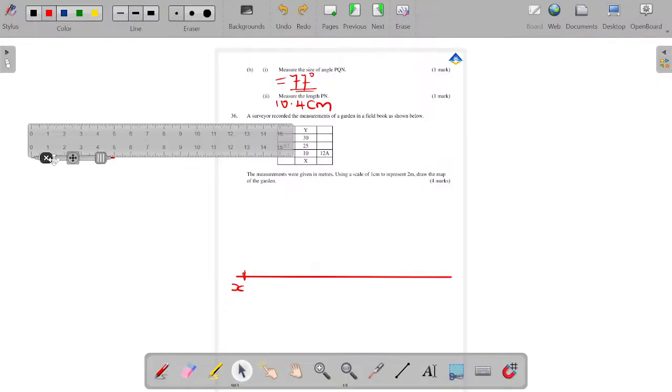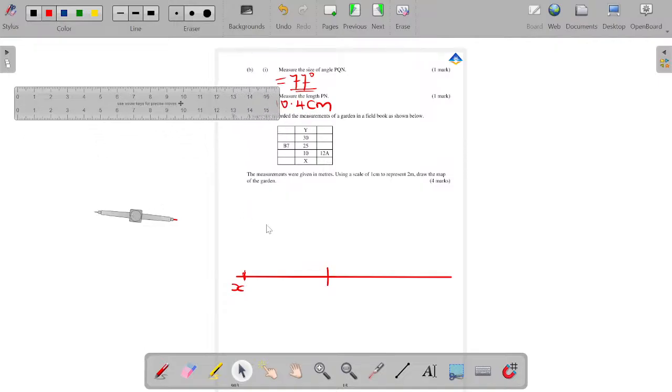Then I'll bring it here. So see, that's the point.